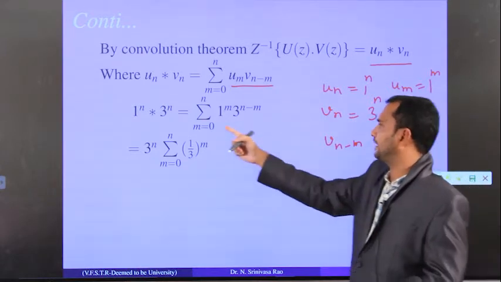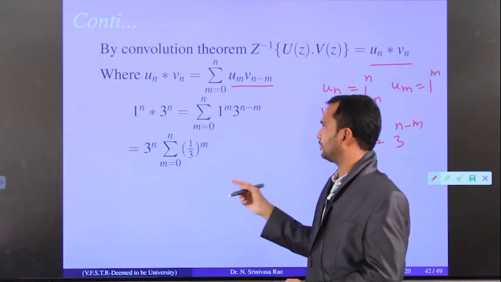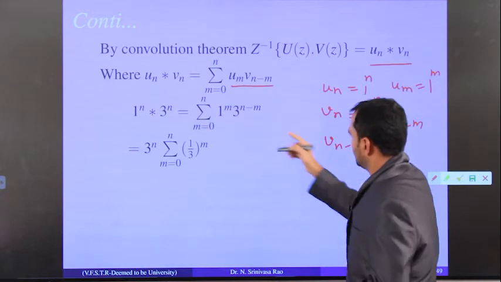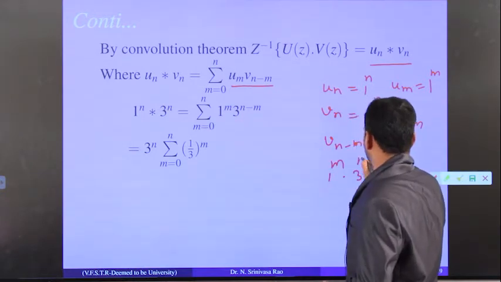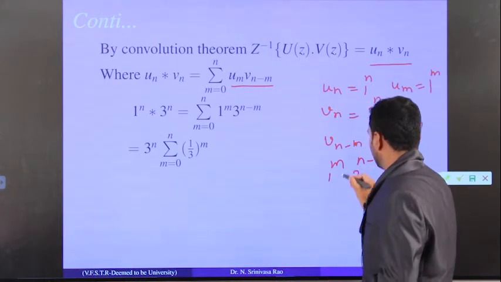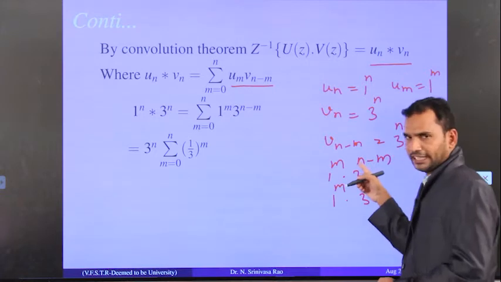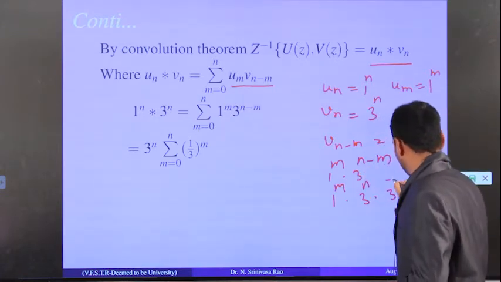Okay, so now you can define sigma m equal to 0 to n. If m runs from 0 to n, here n is constant. So what are the terms here? 1 power m into 3 power n minus m. Here n is constant, and this 3 power n minus m can be written as 3 power n into 3 power minus m.